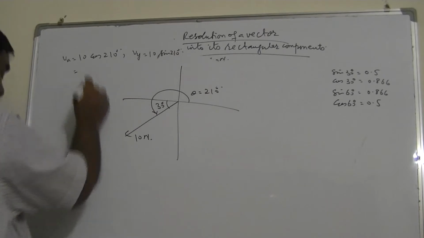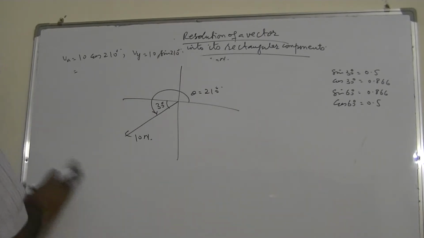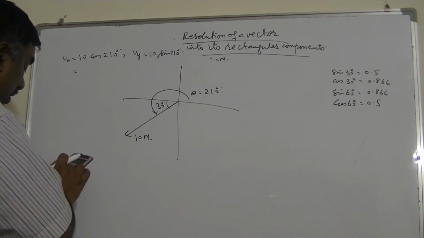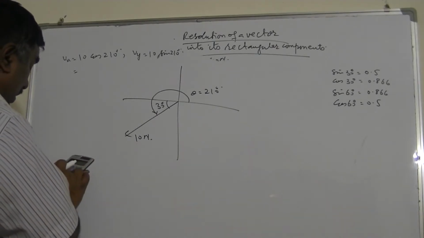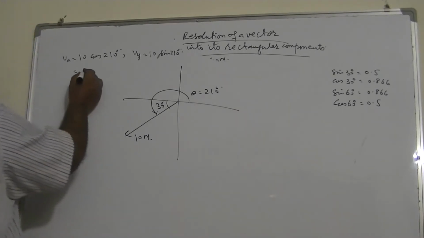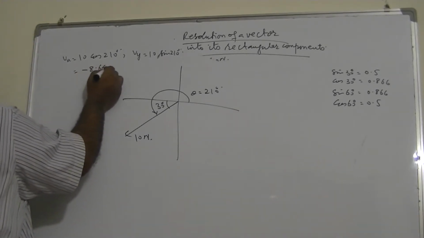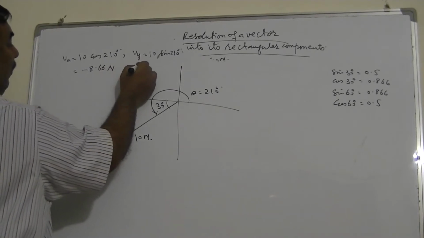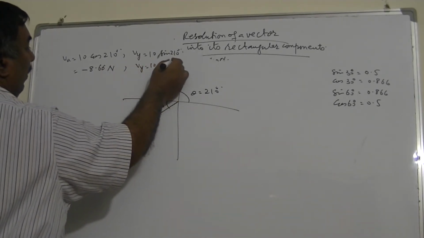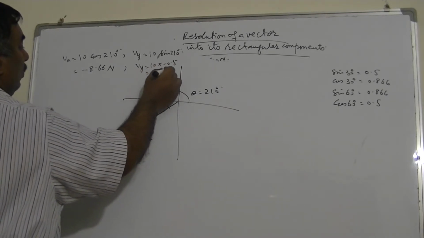If you have a calculator, you can calculate cos 210 degree directly, and 10 cos 210 becomes minus 5 root 3, or minus 8.66 Newton. Similarly, Vy is 10 sin 210, and sin 210 is minus 0.5, so it becomes minus 5.0 Newton.